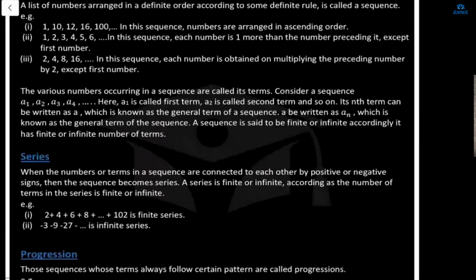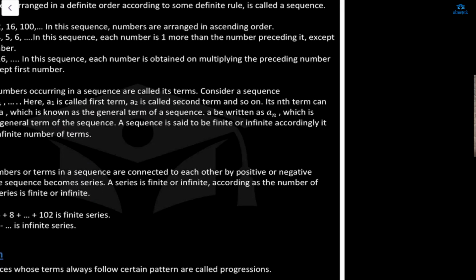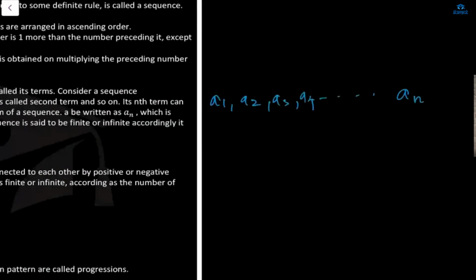Now whenever we are writing a sequence, there are various terms involved in it. What will be the general sequence we can write? A general sequence can be written as a1, a2, a3, a4, and so on till an. Why an? Because we don't know how many terms we are going to have in the sequence. A sequence can be finite and also infinite.